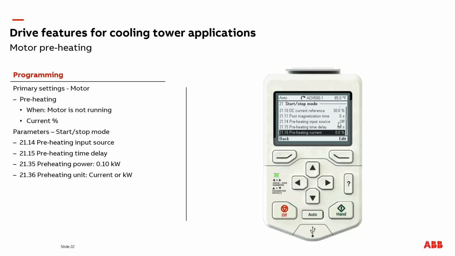Here you can select the input source of on, physical inputs, supervision points, timed functions. You can adjust the time delay for when the heating will activate after the motor stops. Again, the percent current, and then at the bottom of the list, the preheating unit selection.